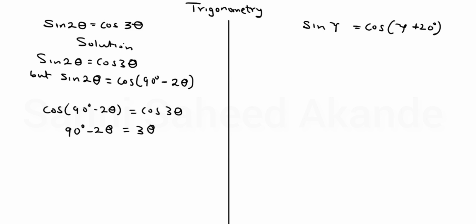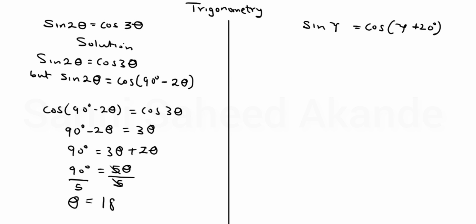We have 90 degrees equal to 3 theta plus 2 theta, which gives us 5 theta. Dividing both sides by 5 gives us theta equal to 90 divided by 5, which is 18 degrees.